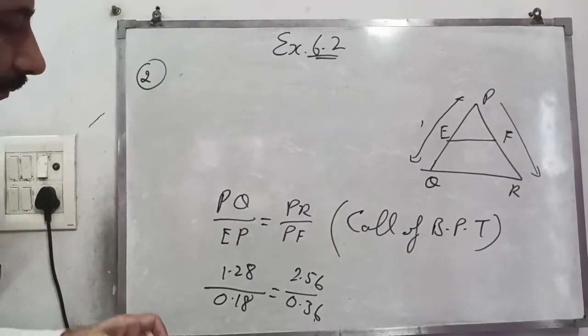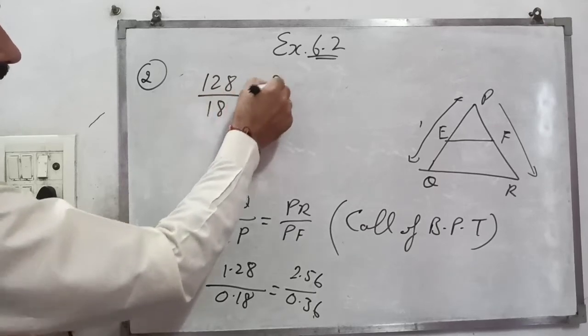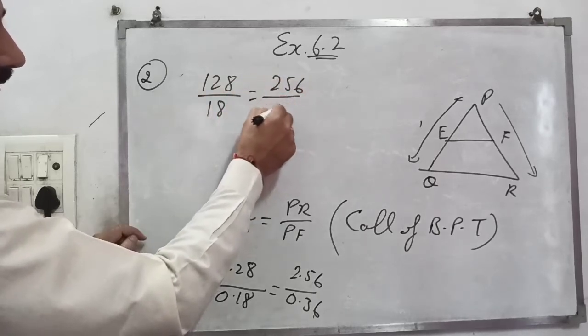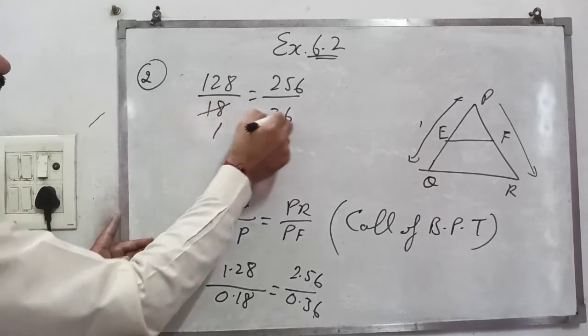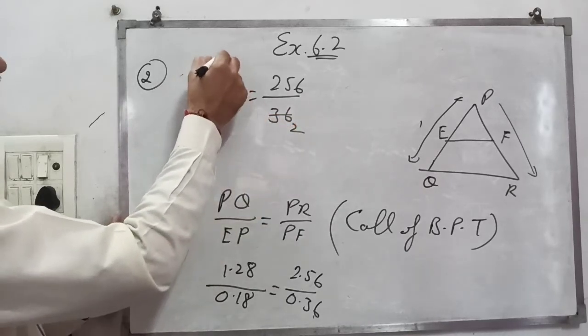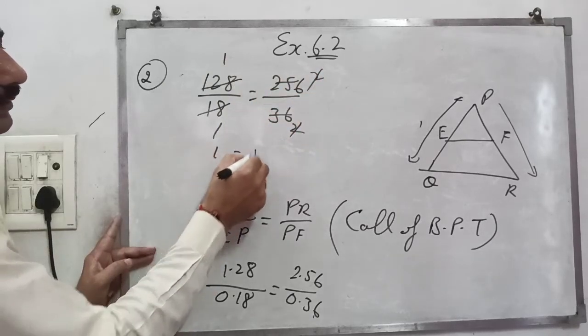So it becomes 128 upon 80, 256 upon 36. With the help of the table, it's a 1, 2, also 1, so 1 is cancelled. So they are equal to each other.